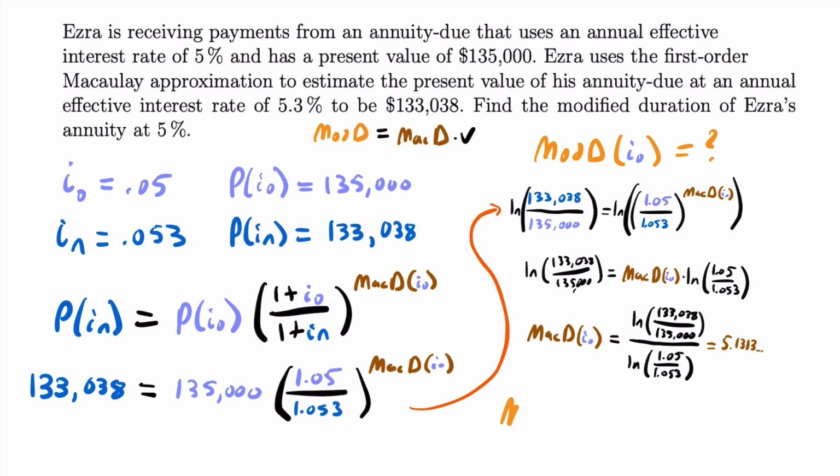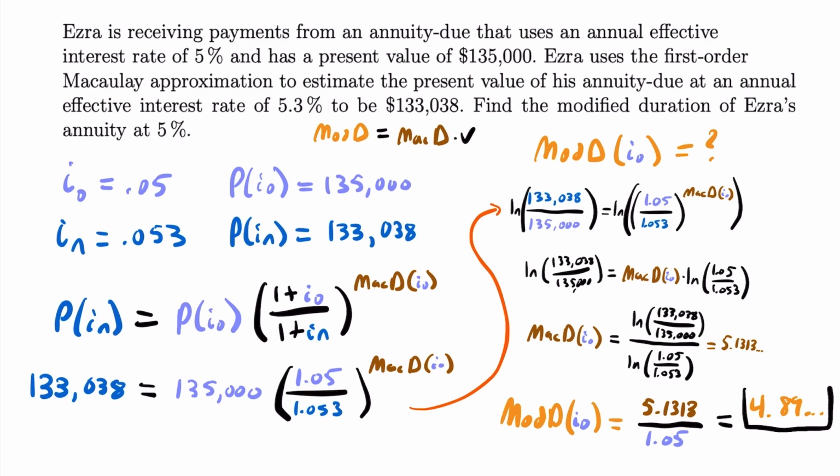So in this case, our final answer is that the modified duration at the original interest rate is equal to our Macaulay duration of 5.1313 divided by 1 plus the original interest rate, which in this case is 0.05. So we're dividing by 1.05. If you do that in your calculator, you should get that the modified duration at 5% for Ezra's annuity is equal to 4.89 and some more decimals.